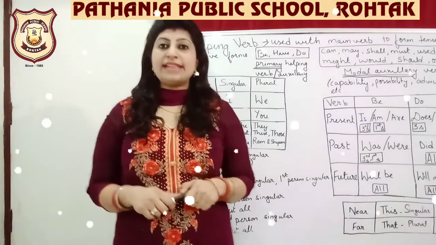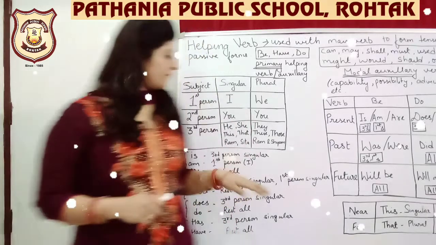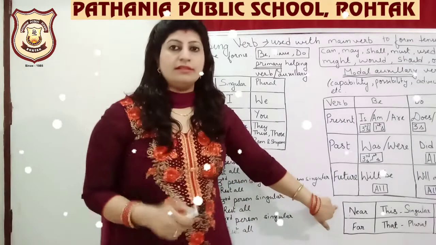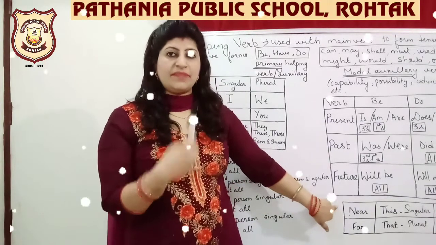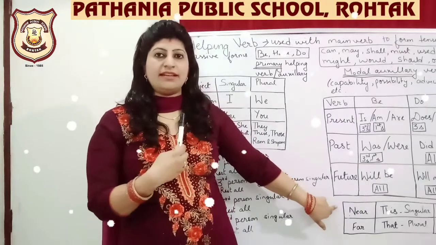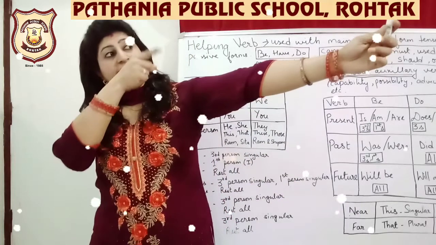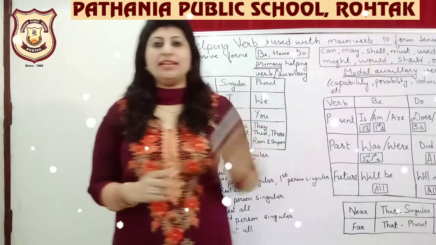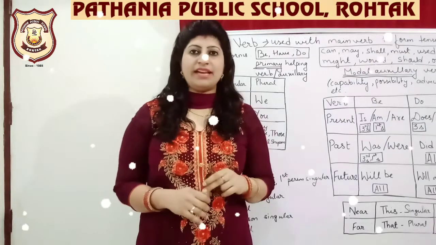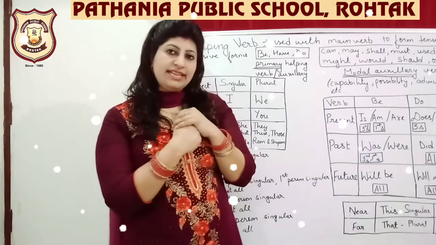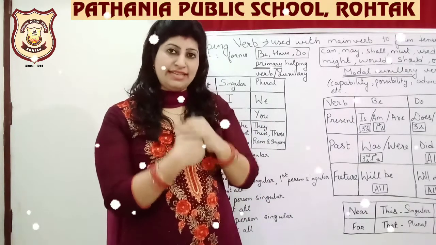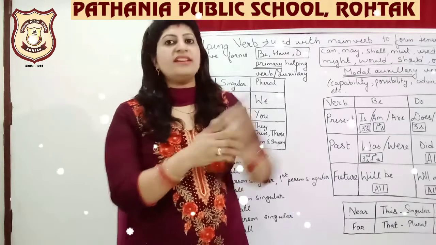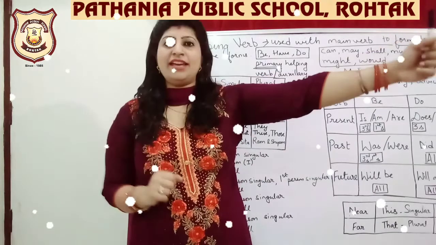Understood? So these kind of words I am using. Near, this pen is near me. This is my pen. If it would be far, that is my pen. If I had two pens in my hand, I would say these are my pens. It is near me. These are my pens. When two pens are far, I would say those are my pens.